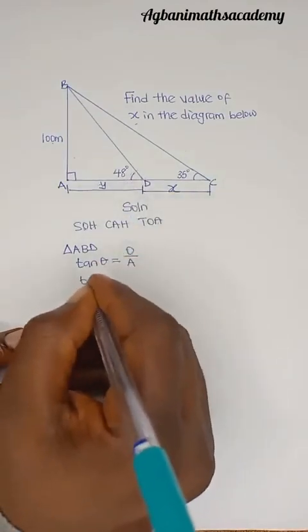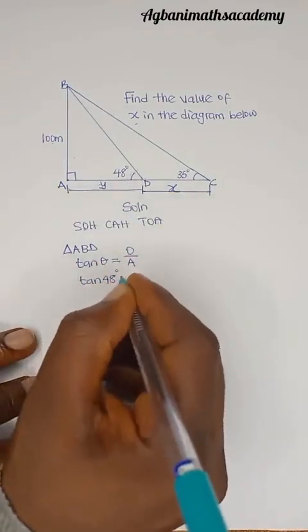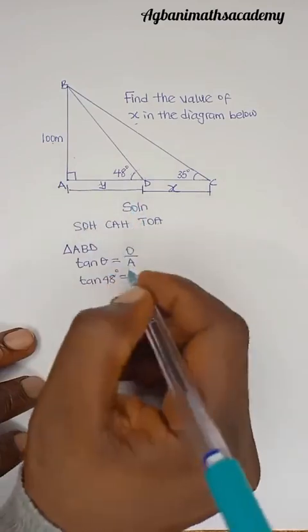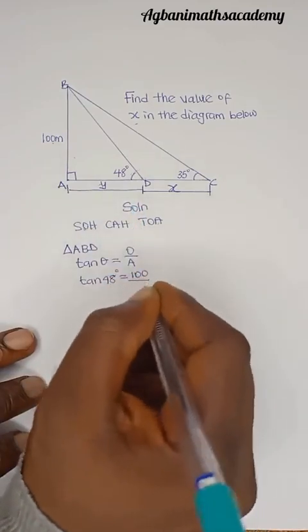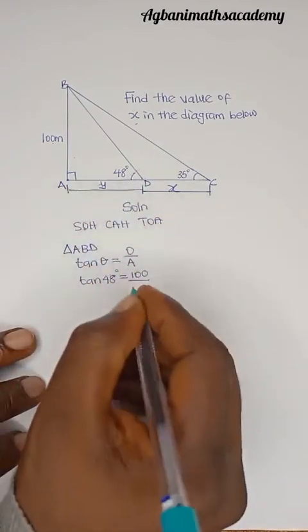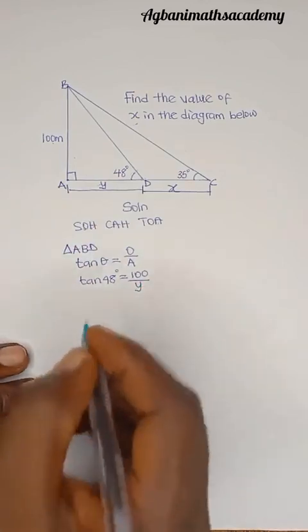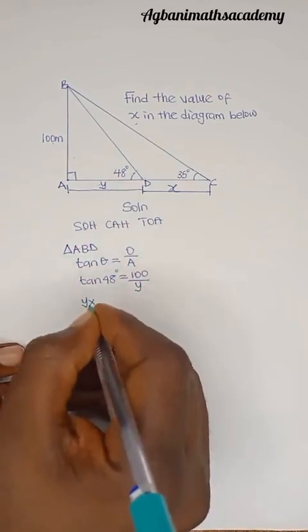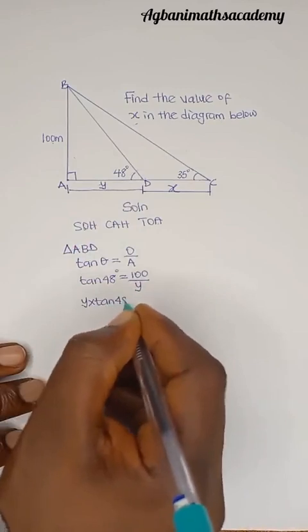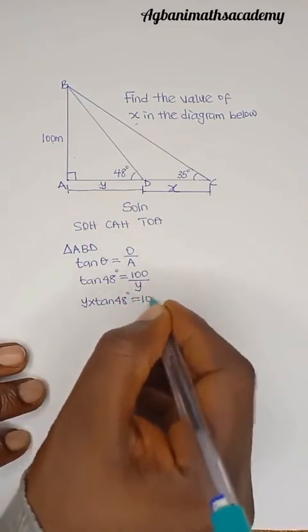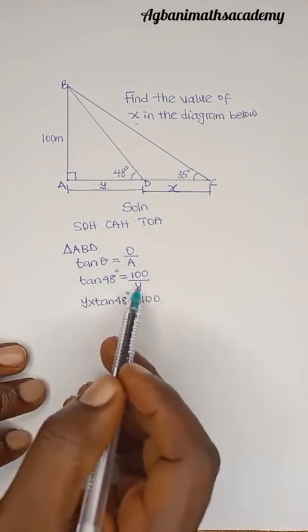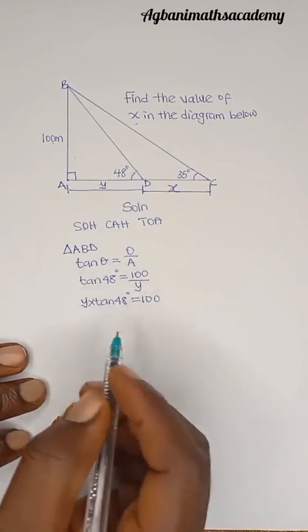So we are going to have tan 48 degrees is equal to, the opposite here is 100 all over, the adjacent here is y. Okay, so y multiplied by tan 48 degrees is equal to 100. We got that by cross multiplying. This denominator multiplies the numerator.